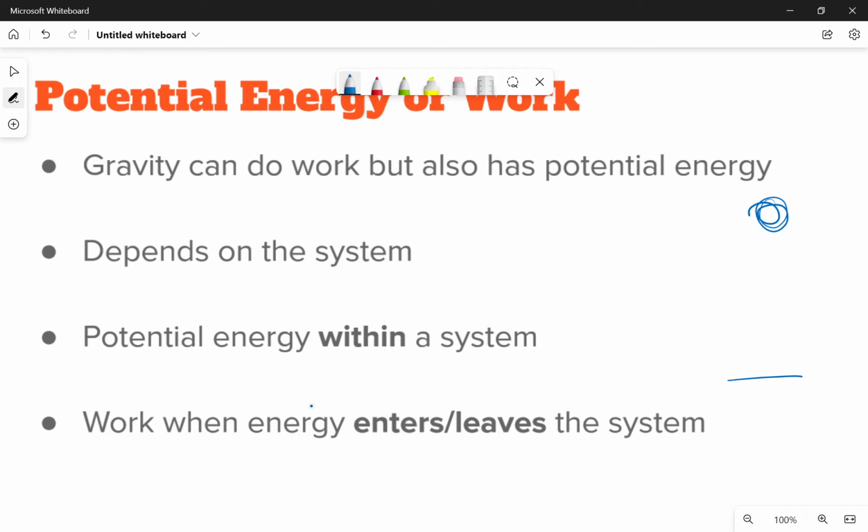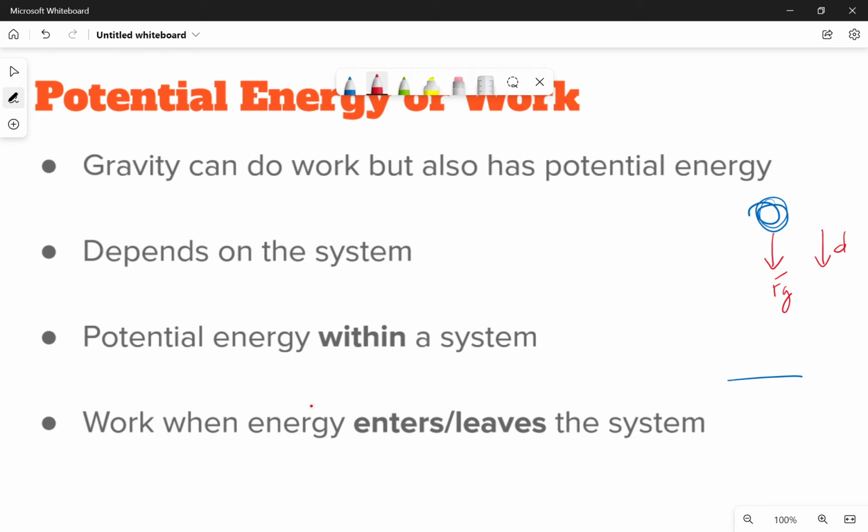But there's an equally valid way to think about this: what if we just say there's a force of gravity and there's a displacement that's downward, and so the force of gravity is doing work? Well, that's actually a totally valid way to think about this situation.